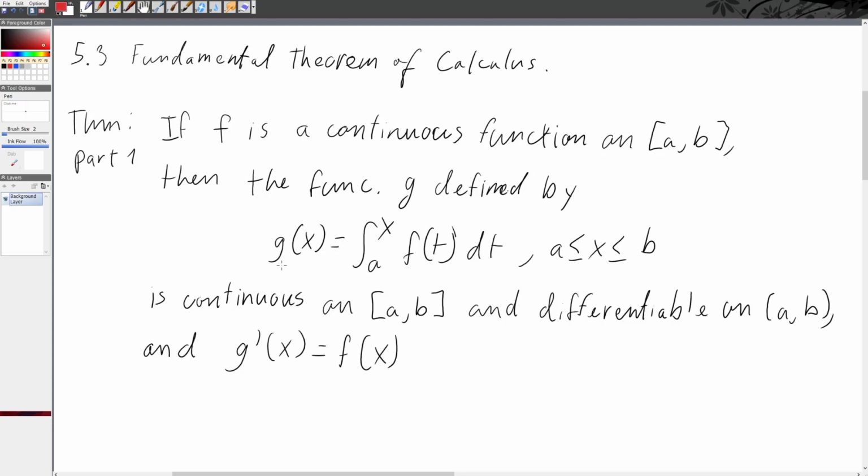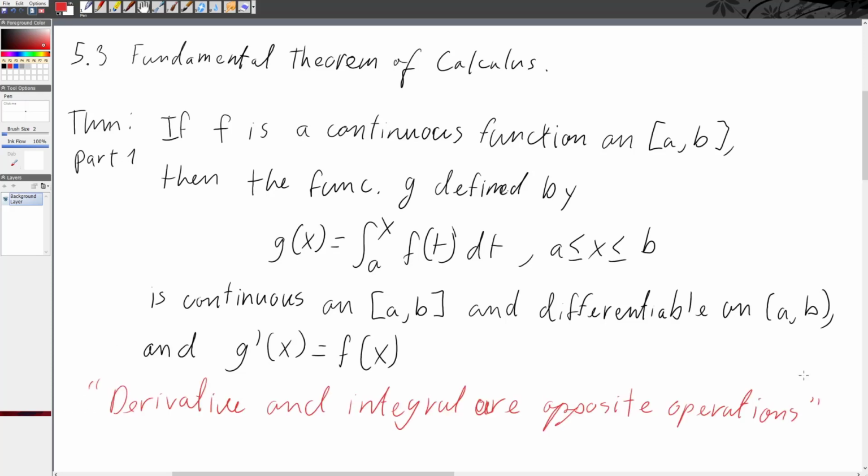What you can think about this is essentially that the derivative and the integral are opposite operations. So what does this mean? This means that if you take an integral of a function f, and then you take the derivative of the integral, you should get back to where you started.